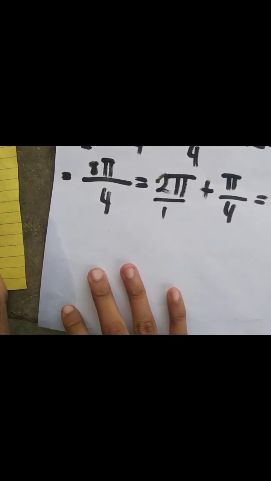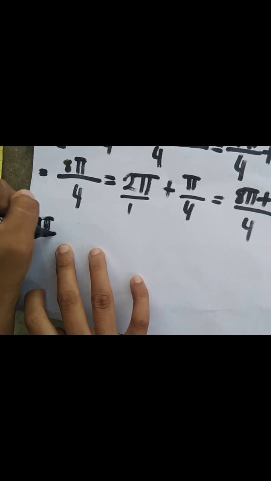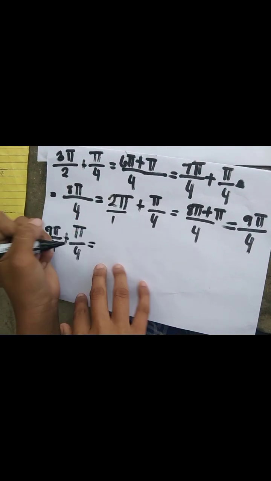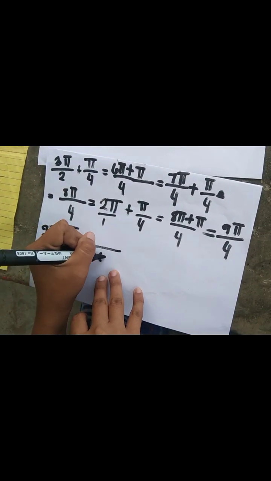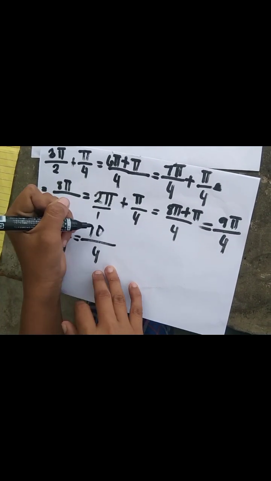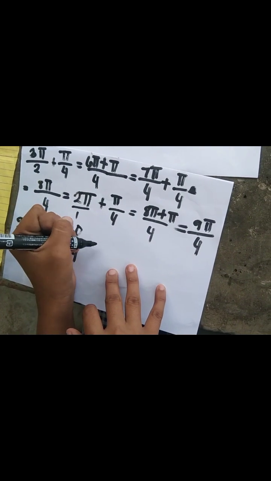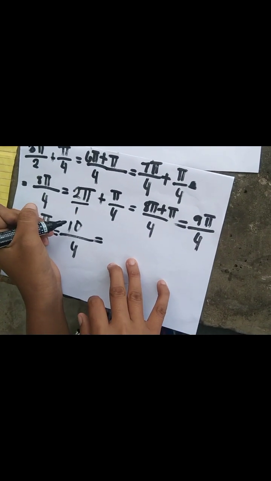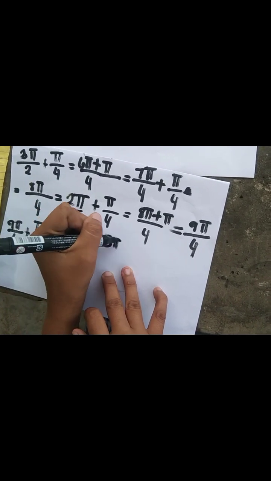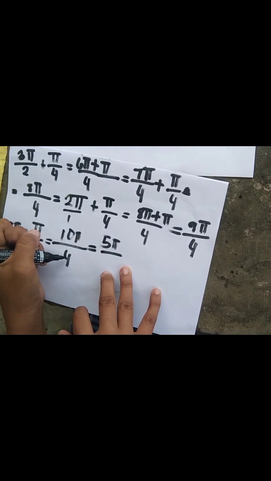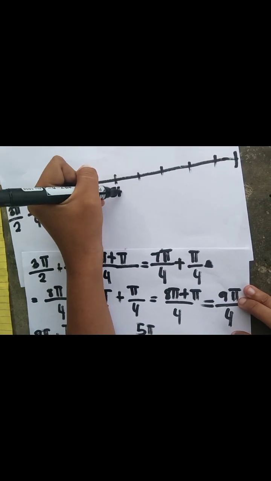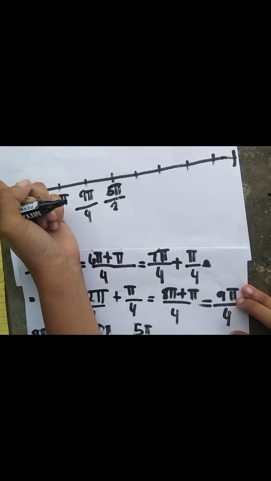Then add pi over 4. 9 pi over 4 plus pi over 4 equals, copy the denominator, 4. 9 pi plus pi equals 10 pi. Reduce to lowest term, which is 10 divided by 2 equals 5 pi. Then 4 divided by 2 equals 2. So this is 5 pi over 2.